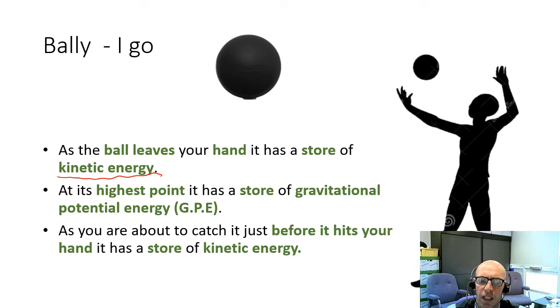And that kinetic energy is turned into a store of gravitational potential energy because it's moving high against the Earth's gravity. Then it starts to move back down, so it turns back into kinetic energy, and then it stops when it hits your hand, and that energy is then converted into your hand, lost to its surroundings.